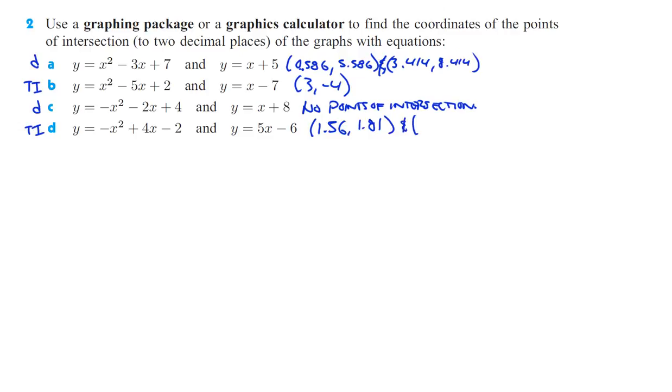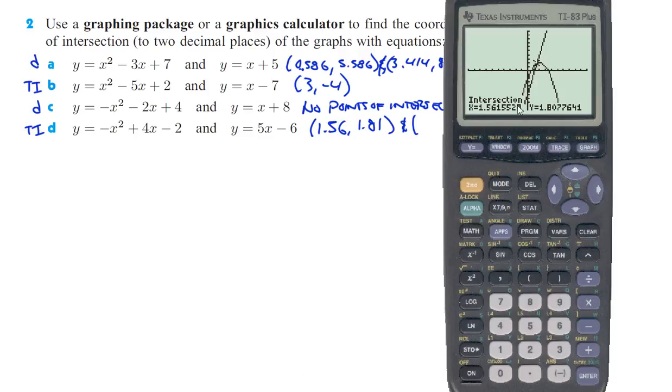And there is another one on here that we can't see. It's out of the window here. So I'm going to show you this. This window here, the x minimum and the x maximum, we got negative 10 to 10 and negative 10 to positive 10 on the y.